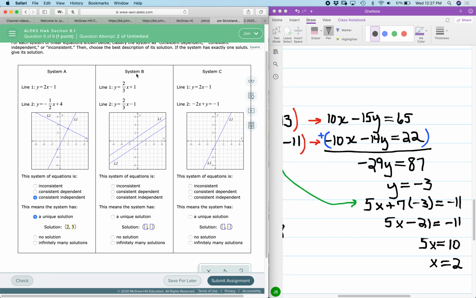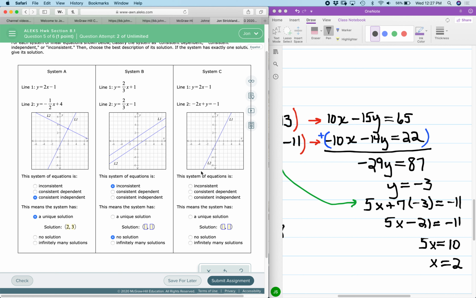Now for system B, we have both lines running parallel, meaning that there is no meeting point and thus no solution. So if there's no solution and the lines are parallel, we have an inconsistent system. Again, we have no solution. And if line 1 and line 2 turn out to be identical, that means you have all values in common.